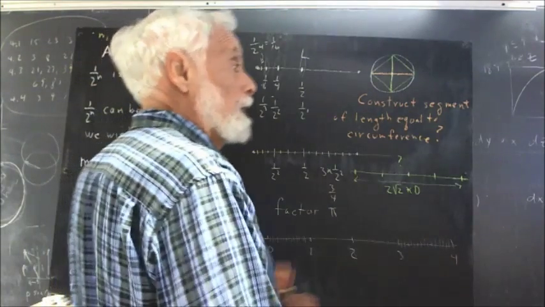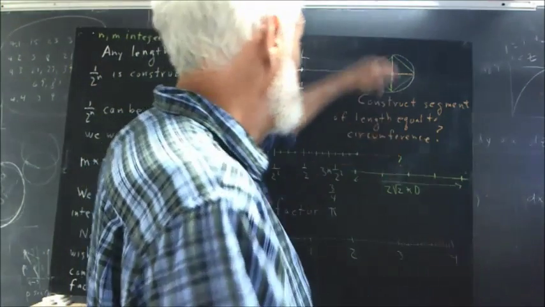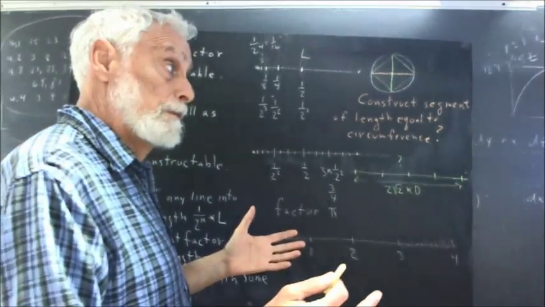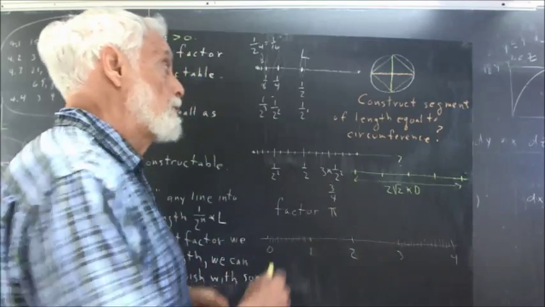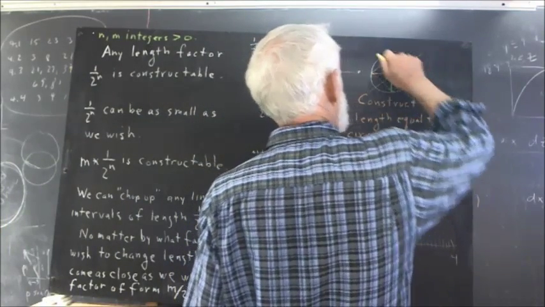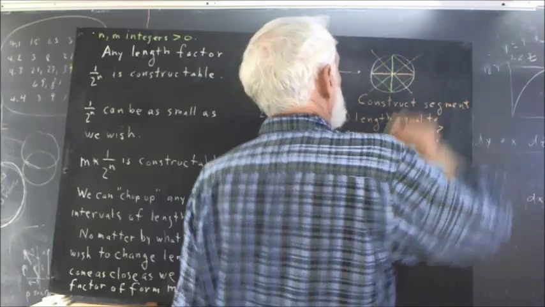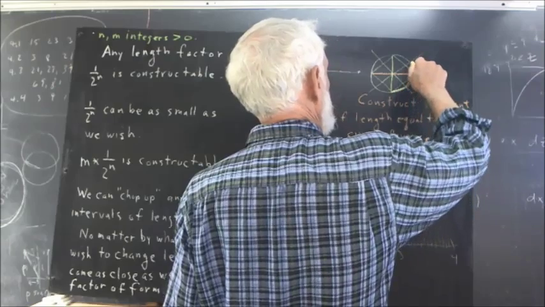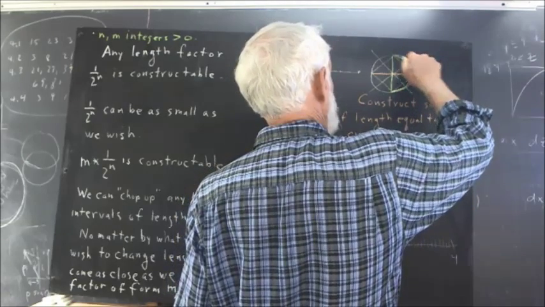Well, next thing I can do is bisect a right angle. I can bisect any angle, and cut any angle in half with a geometric construction, very similar in some ways to the one we use to bisect a line segment.